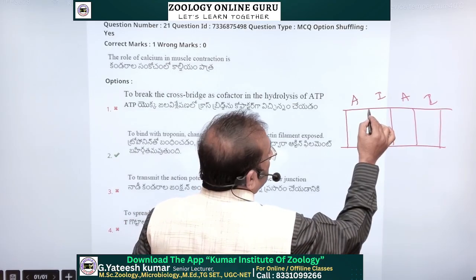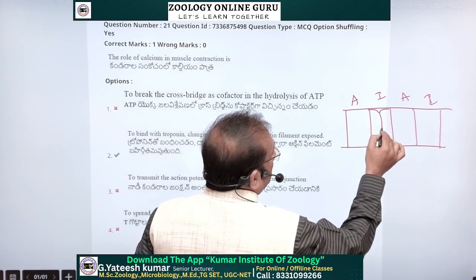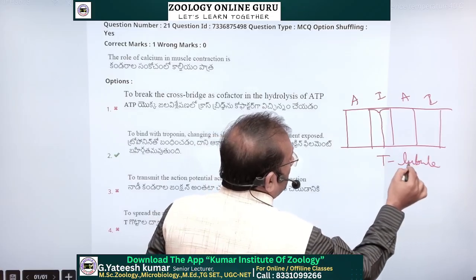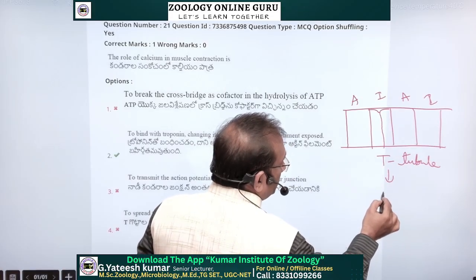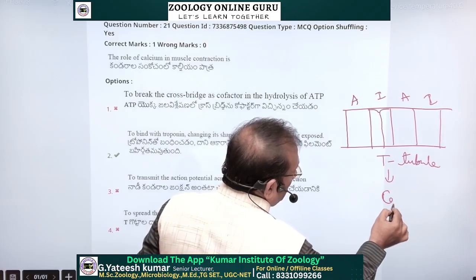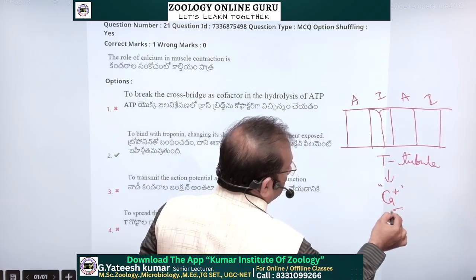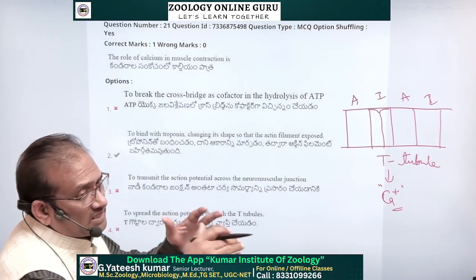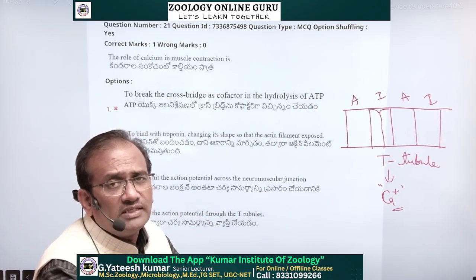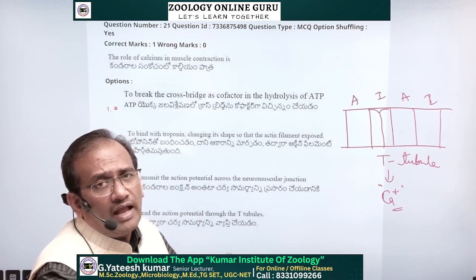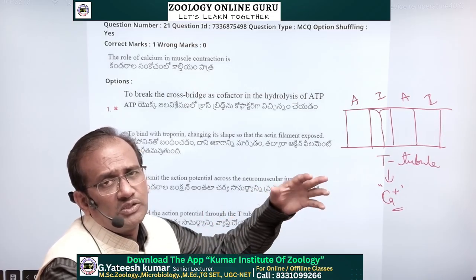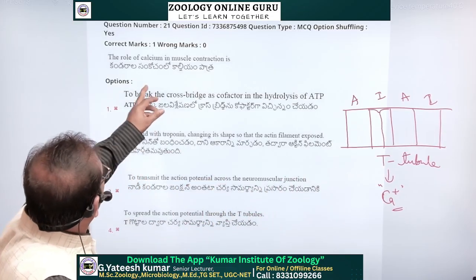Here there is a T tubule, with calcium channels. The cisterns are like bags of calcium. Whenever there is a signal to contract from the neurotransmitter, calcium ions immediately enter the cytoplasm and go and bind with the troponin.